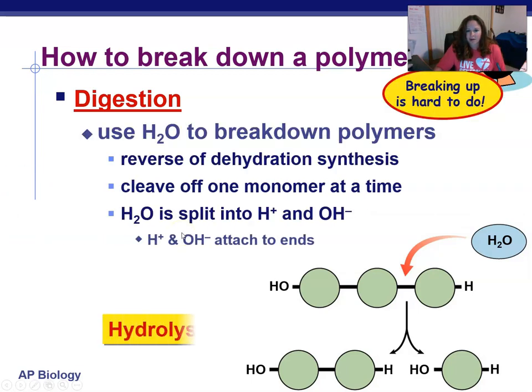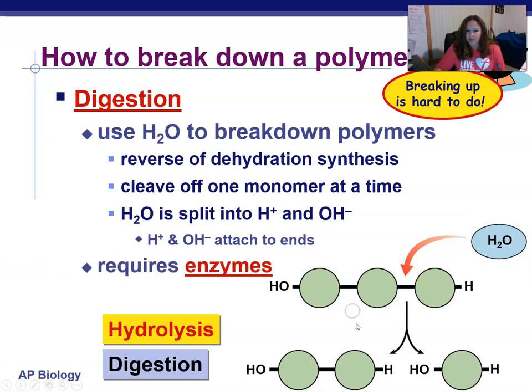All right, so in this case, remember last time we took water out? Well, to do a digestion or to tear this thing apart, we're going to put the water back. So we're going to have an enzyme come along here and it will put some stress on these bonds right in between these two monomers. Put stress there and it'll break that bond.